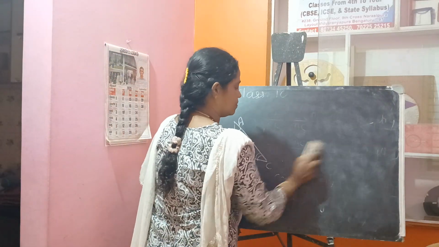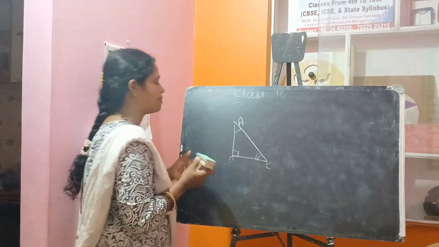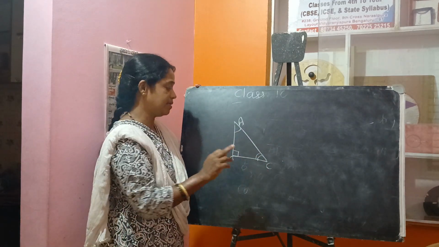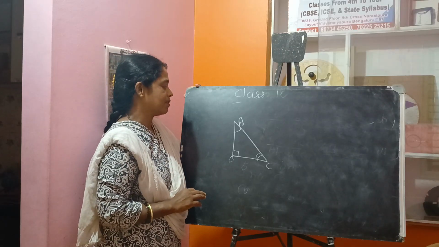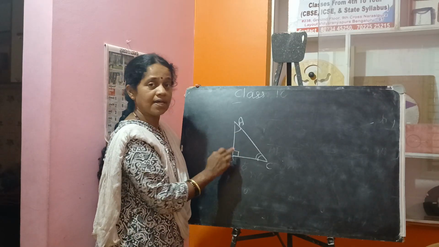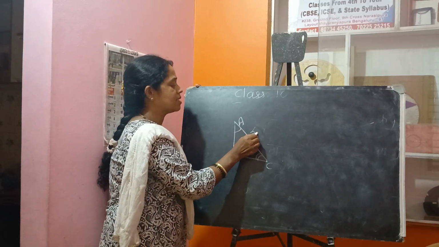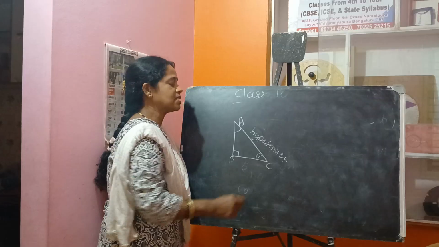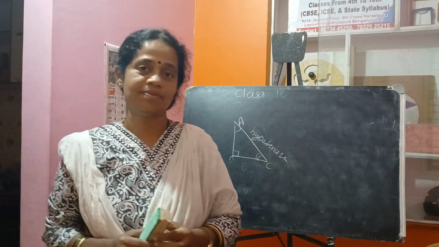Now go to the next concept, naming the sides of a right angle triangle. Dear students, this is very important. You know that the side opposite to the right angle is always the hypotenuse, which is the longest side of the right angle triangle.